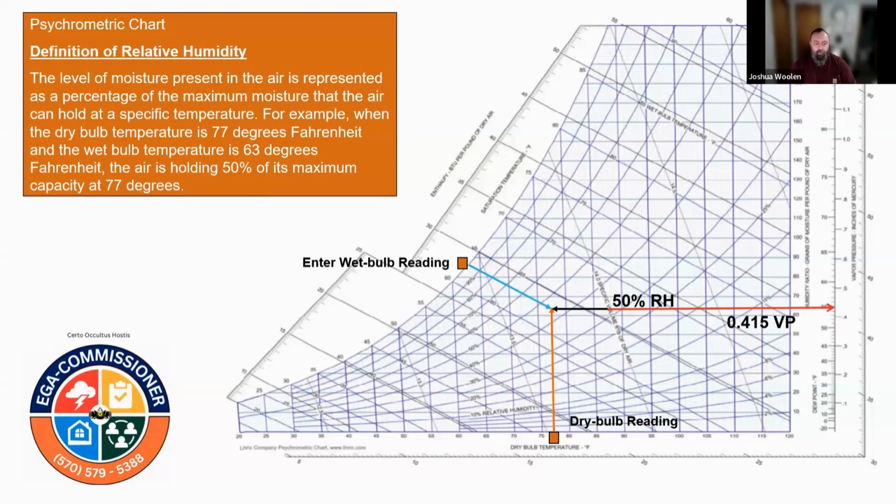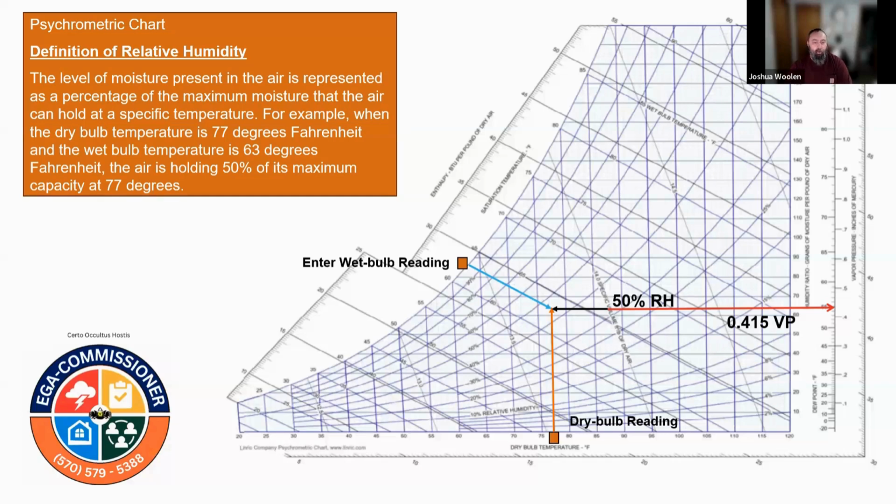So the moisture level in the air is expressed as a percentage of the maximum amount of moisture the air can hold, right? And we can take a look at that and say, for instance, if the dry bulb is 70 and the wet bulb temperature is 63, the air is only able to hold 50% of its maximum moisture capacity, which is at 77 Fahrenheit.